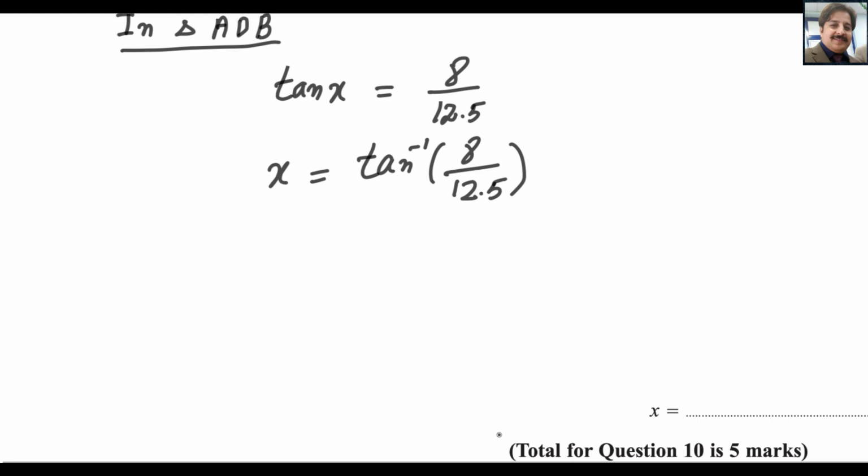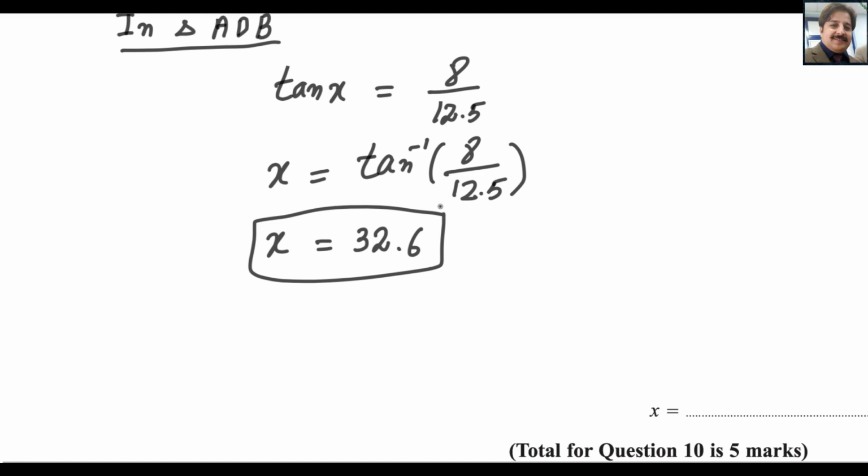Press shift tan on your calculator, write the same value, and get the answer for it. It is given as 32.6. So 32.6 is the answer.